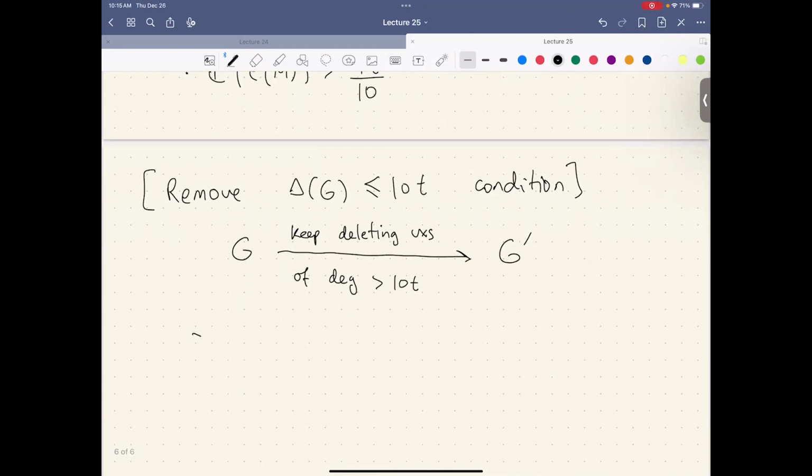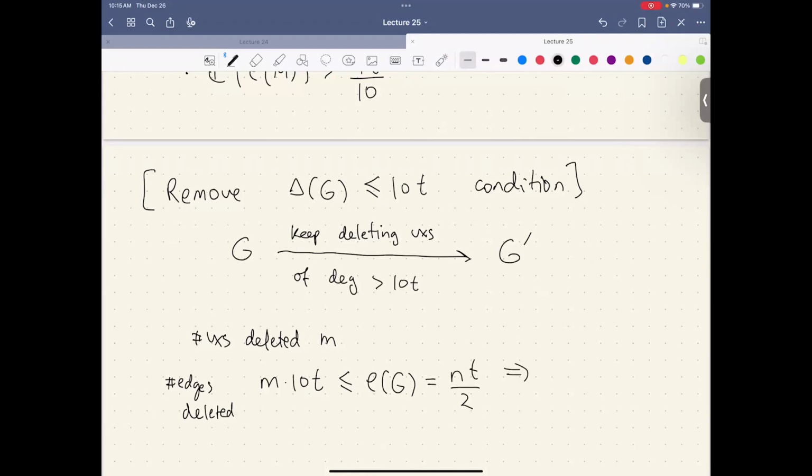Let's say the number of vertices deleted is, did I use M? Let's say M. We have M times 10t edges deleted, right? This must be less than E of G. Okay, you cannot delete more than the number of edges you begin with. This is nt over 2.